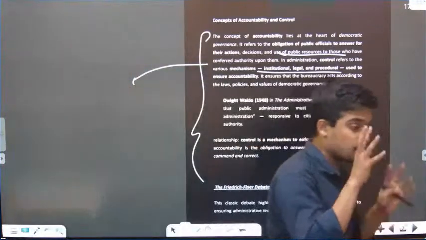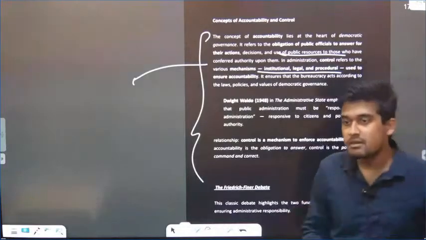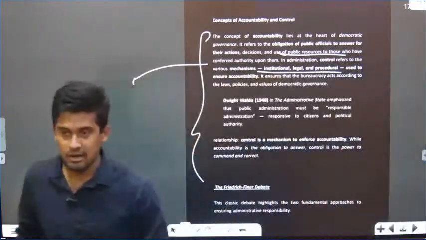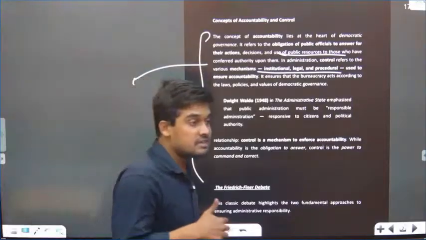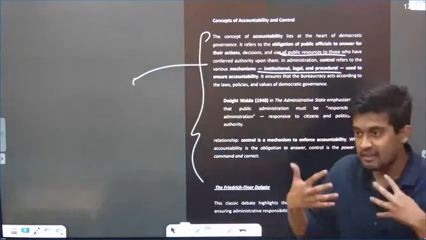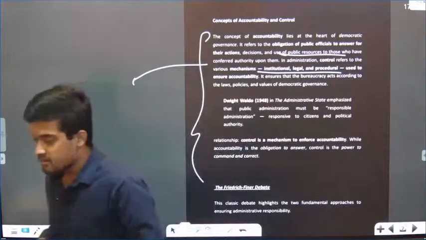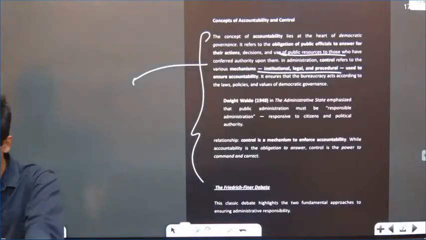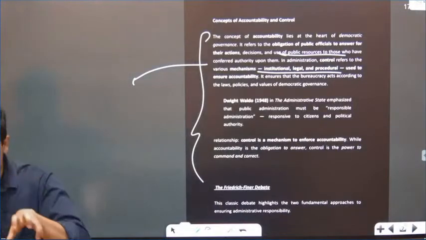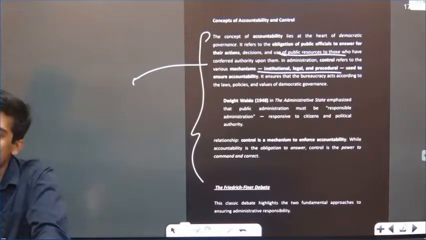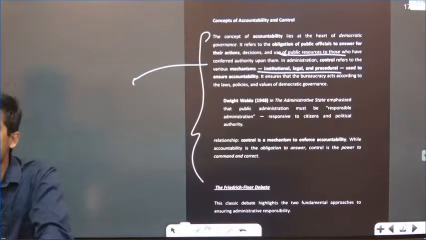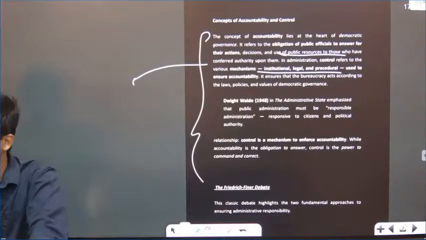Whatever you spend, you have to do that. So that mechanism is a form of control. So accountability is a philosophical idea, an idea that somebody is held accountable for something. Control is the methods used to make that person accountable. So control is the process, outcome is accountability. Understood?